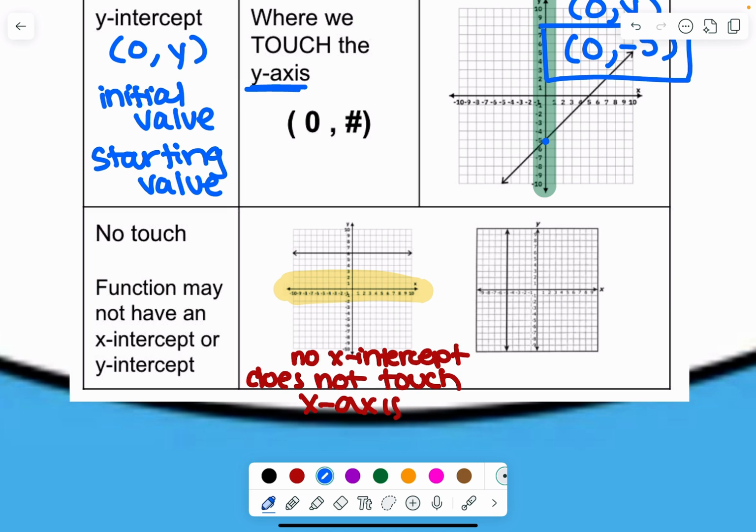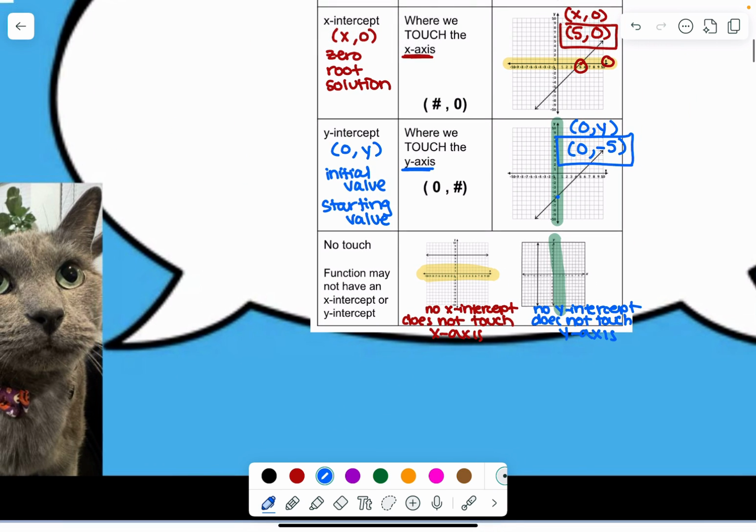Now my next one, if I'm looking at this one, my line does not touch the y-axis. So no y-intercept. It does not touch the y-axis. Okay? So let's go ahead and give these questions a try.